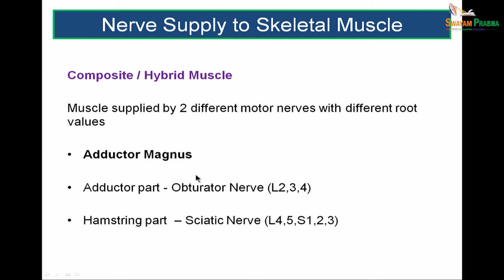So, here we see one muscle having developmentally derived parts from two different parts, the adductor part and the hamstring part, and so they are supplied by two different nerve components having two different root values.